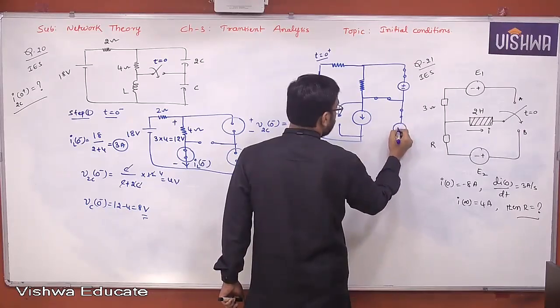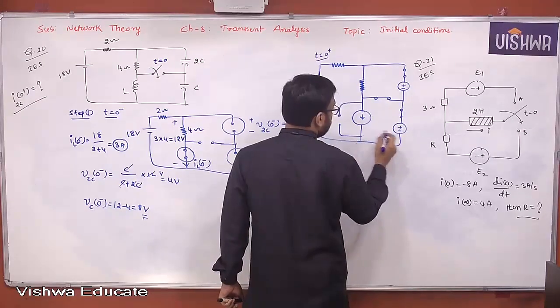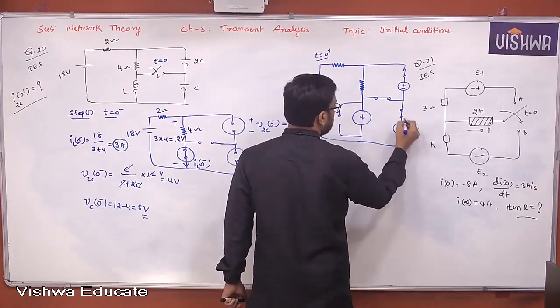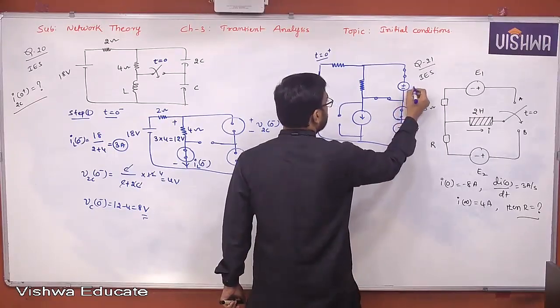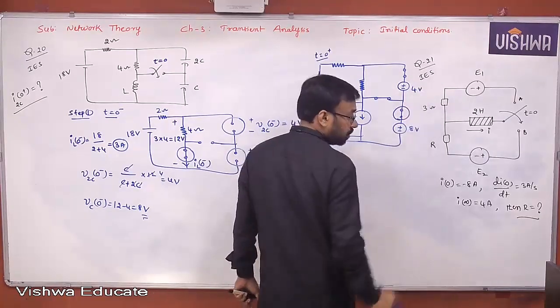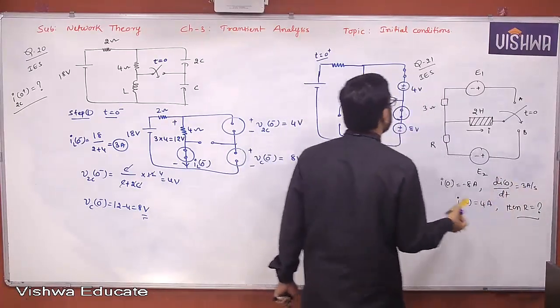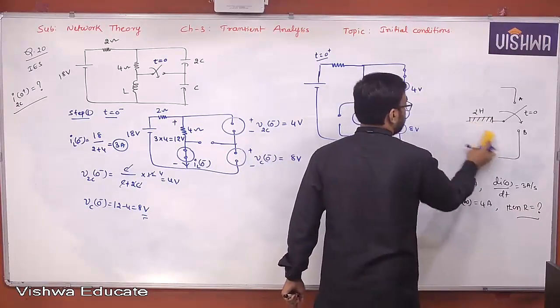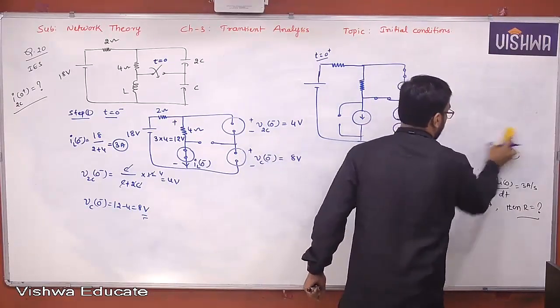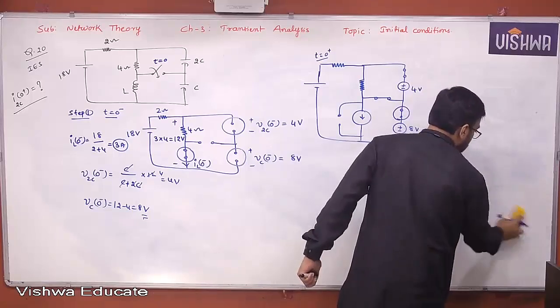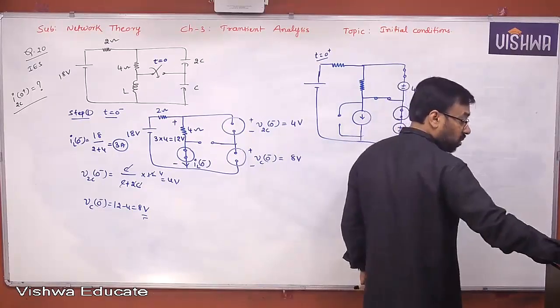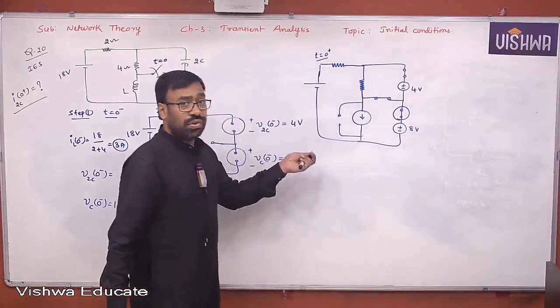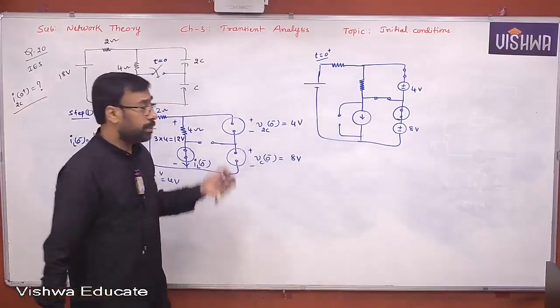Again, a voltage source with a series capacitor model. This is 8 volts. This is 4 volts. Okay, let me just erase this part. Do all of you understand how we are constructing the t equals 0 plus equivalent? I just followed our usual procedure, okay?